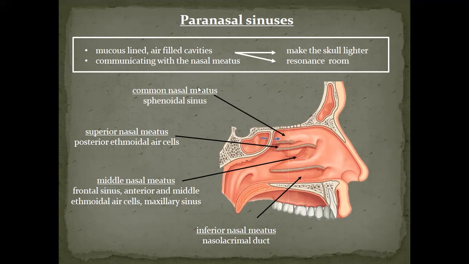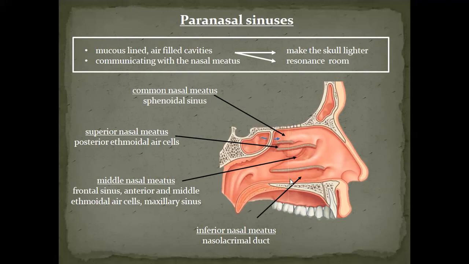The sphenoidal sinus opens up in the common nasal meatus, the superior one, the posterior ethmoidal air cells into the superior nasal meatus. Most of these paranasal sinuses open into the middle nasal meatus. Okay, and these are the frontal, the maxillary sinus, and the anterior and middle ethmoidal air cells.